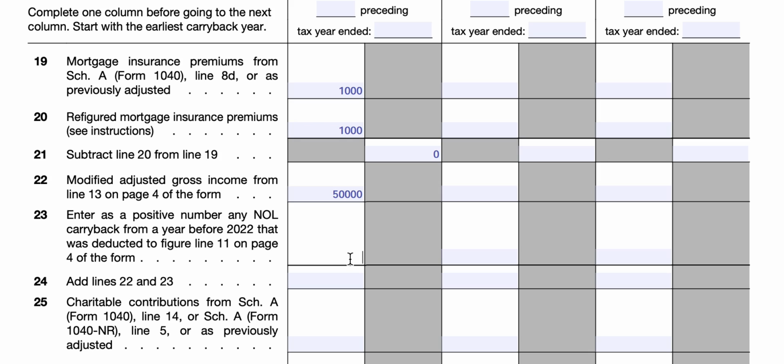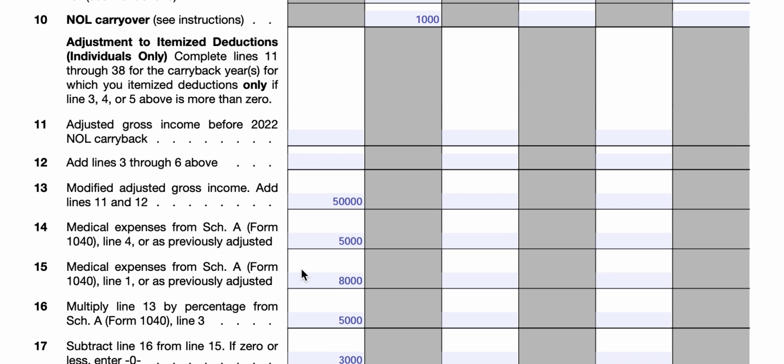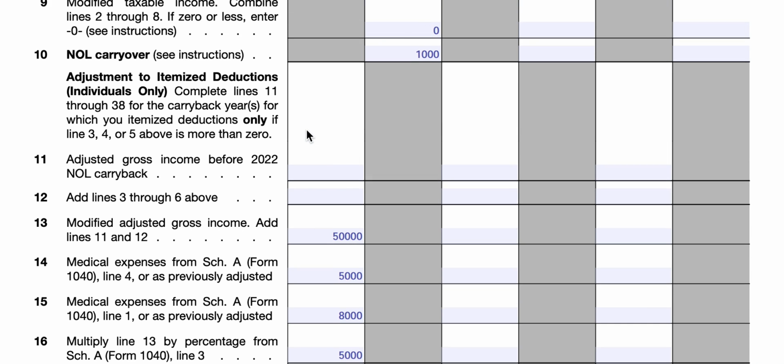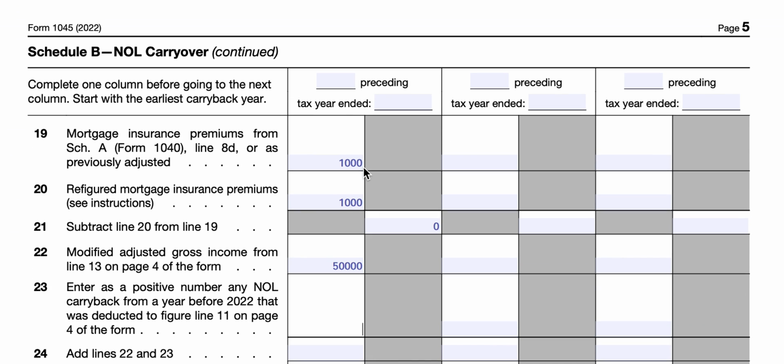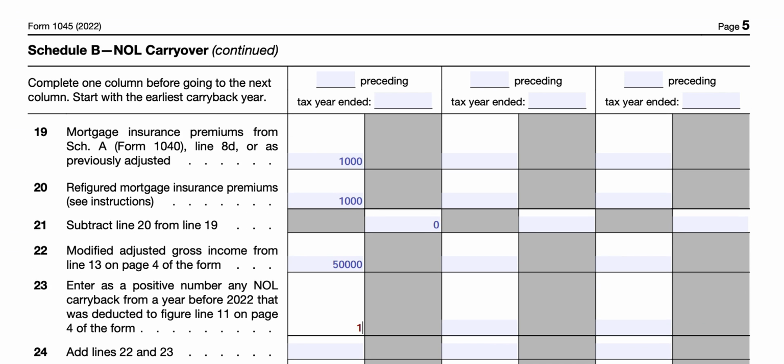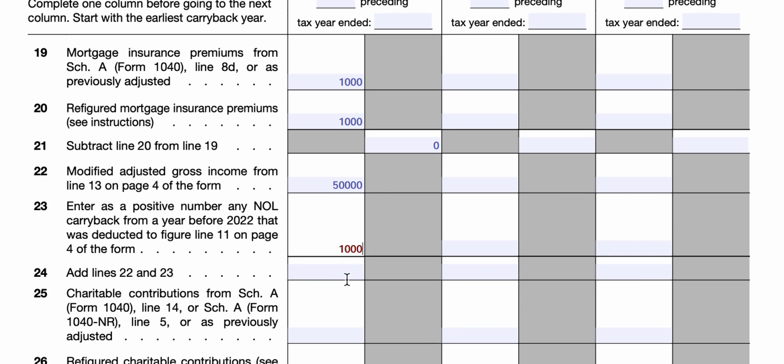You'll enter any NOL carryback from a year before 2022 that was deducted to figure line 11. So if there was an NOL carryover, we'll call that $1,000 since that was carryback.